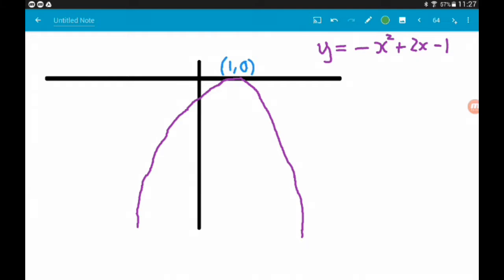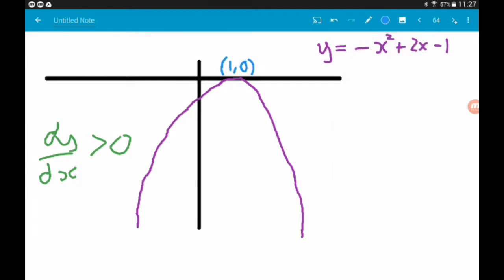So what's going on here in terms of the gradient? So to the left of the stationary point, the graph is increasing. So over here, dy by dx is greater than 0.